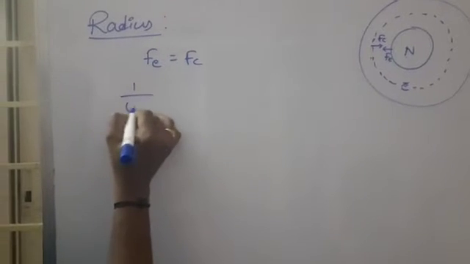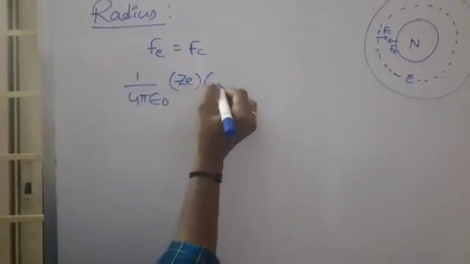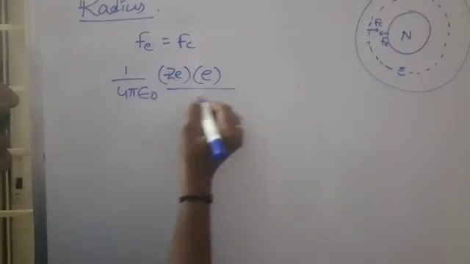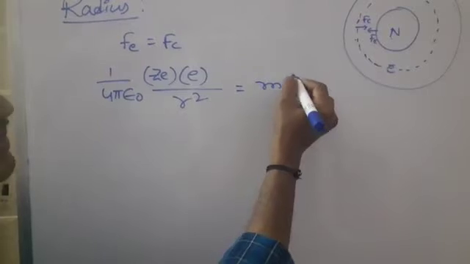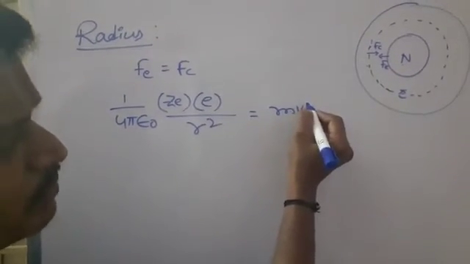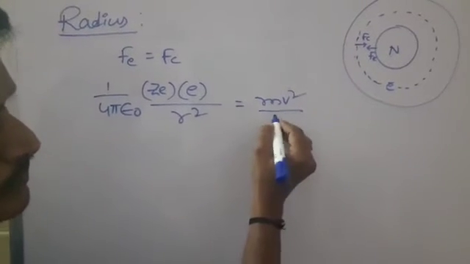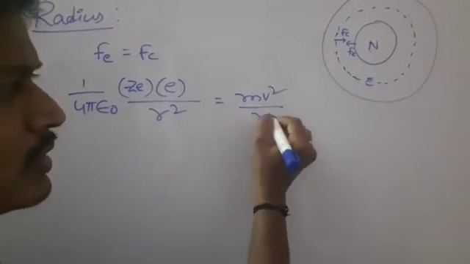Fe is equal to 1 by 4 pi epsilon naught into Ze, the charge of the nucleus, times the electron charge, by r squared, which is equal to mv squared by r, the centripetal force formula.